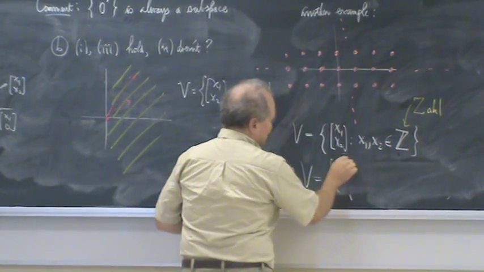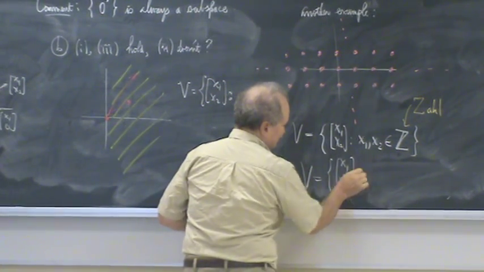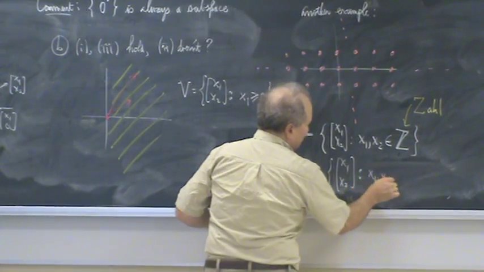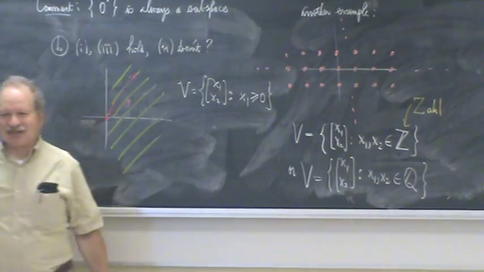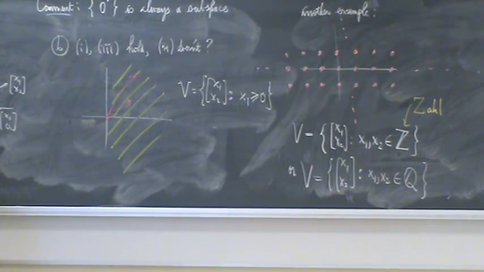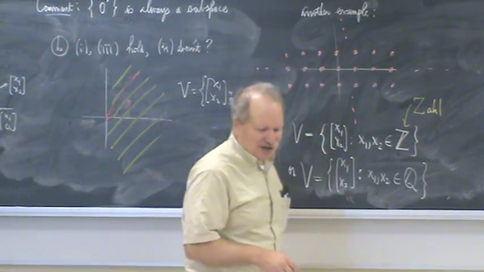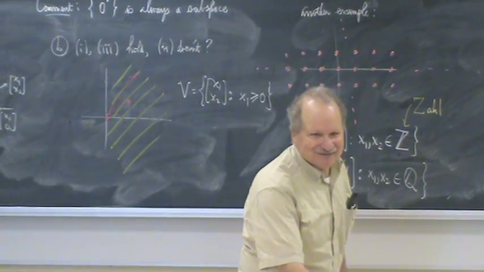I'll throw another letter at you, but this one isn't German. How many of you have ever seen this letter? What does it mean? Rational numbers. So why Q for rational number? Quotient.